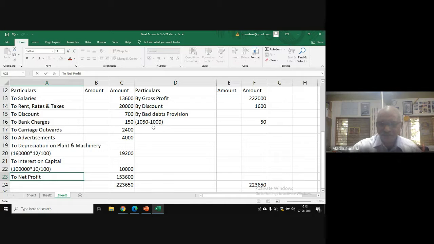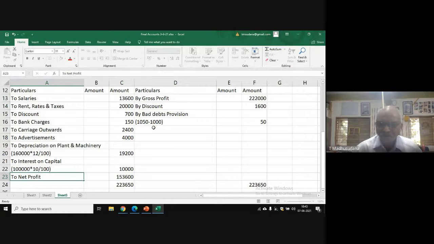Here, one more adjustment to the net profit in this problem has been given. What is that? You just see the fifth adjustment. 5% of the profits is to be carried to the reserve fund. That means out of this net profit 1,53,600, 5% is to be transferred to the reserve fund.